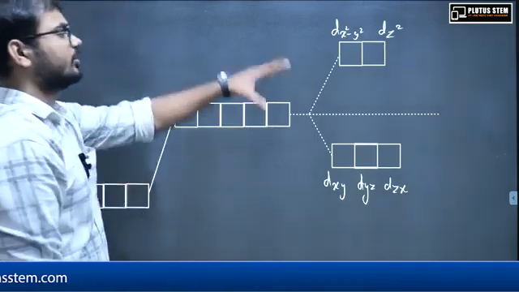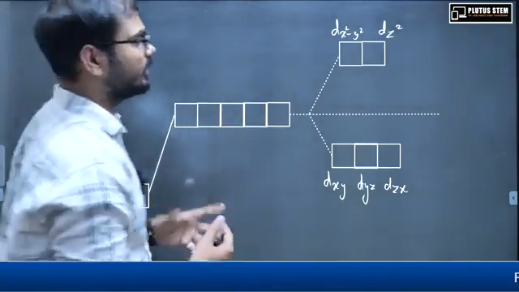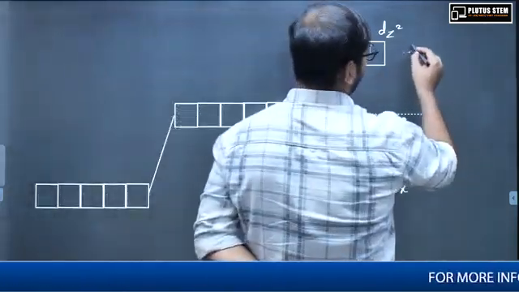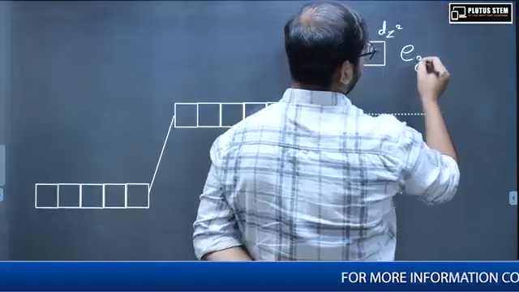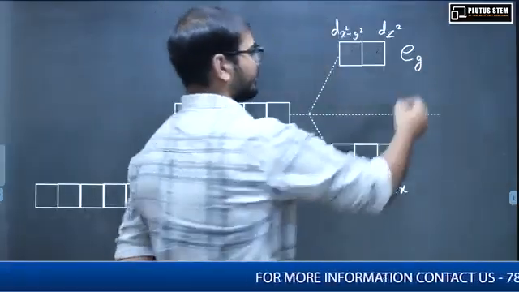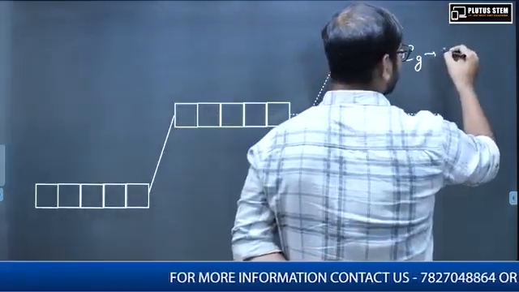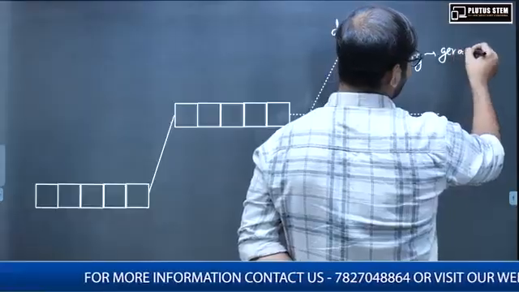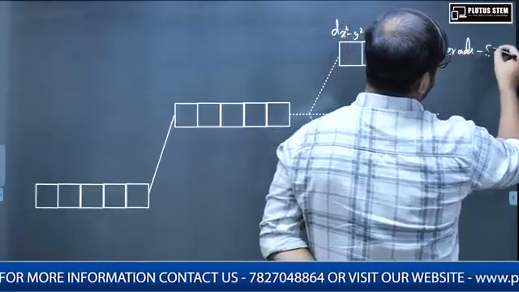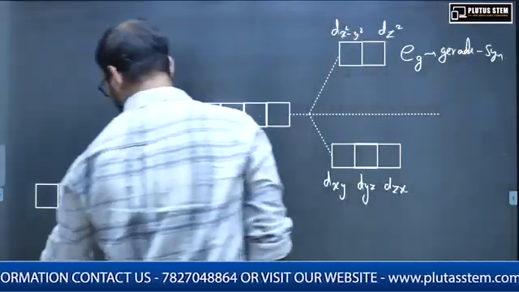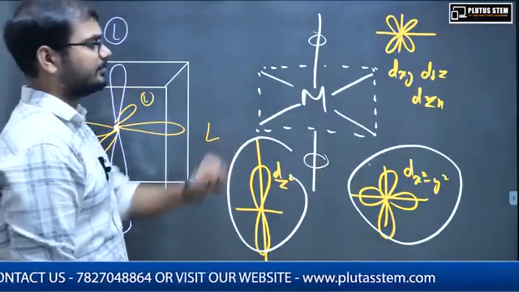Now we have seen that the d orbitals have split into two sets of orbitals. The upper set of orbitals is called the eg set of orbitals, where g refers to gerade. Gerade means that it is symmetrical, and we can see that octahedral complexes are symmetrical in nature.